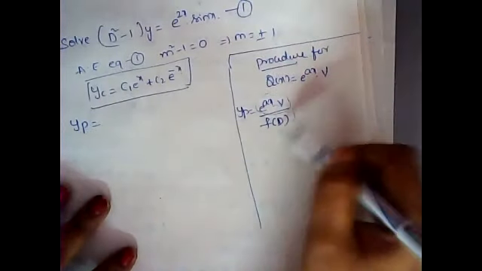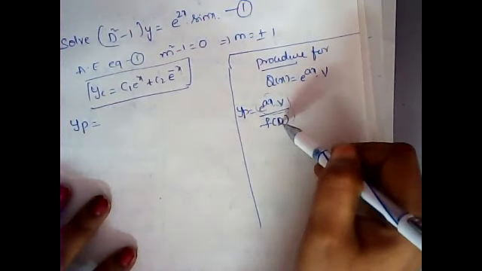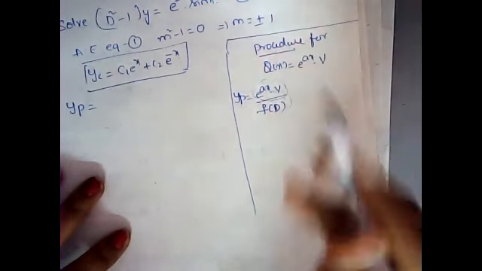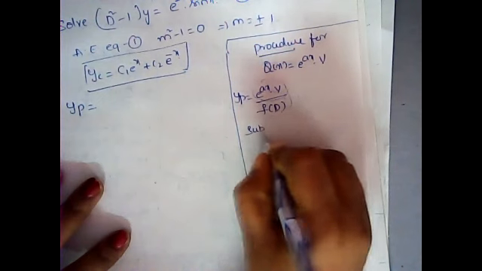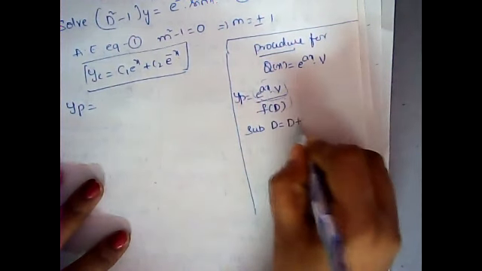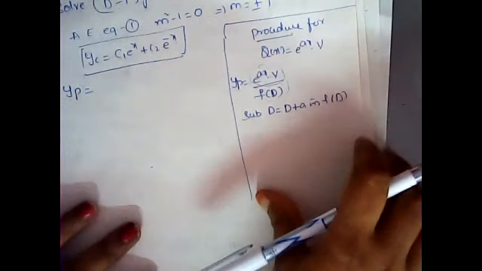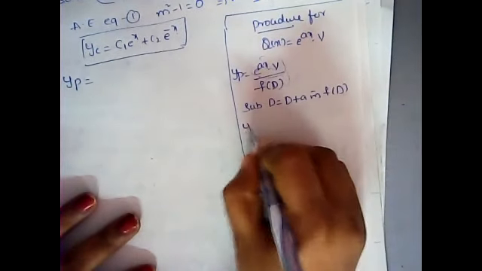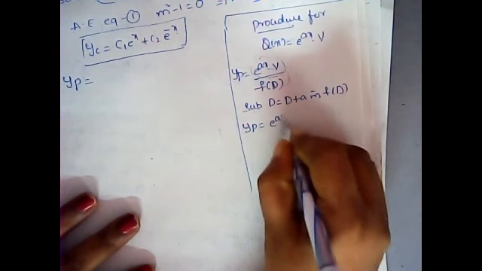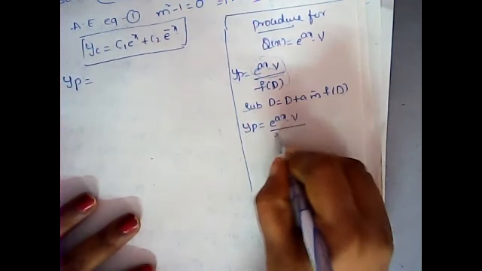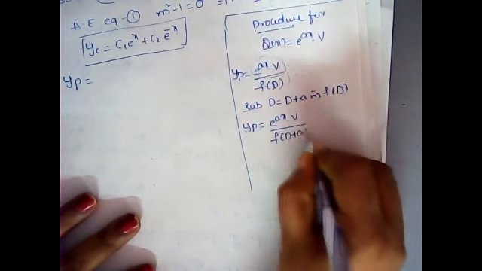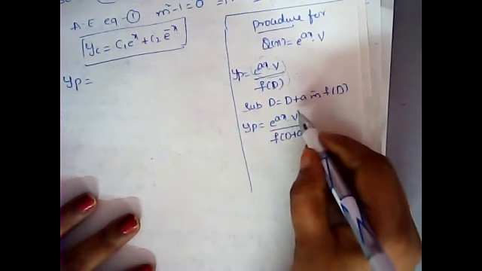Since there is a combination here, we need to first substitute D equals D plus a in f of D. So yp will be reduced to the form e power ax into v by f of D plus a. Now we need to apply v.